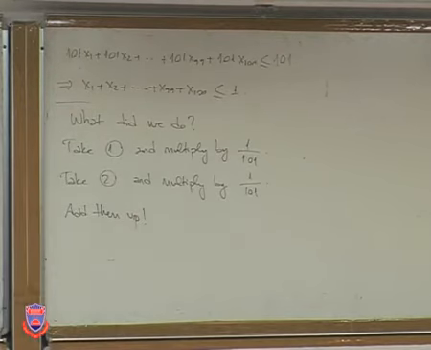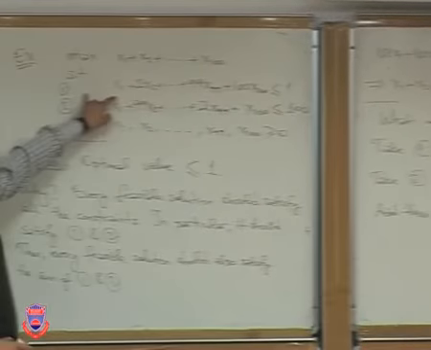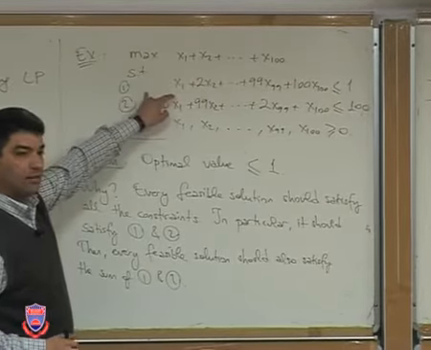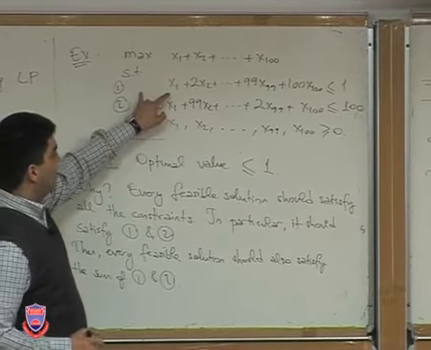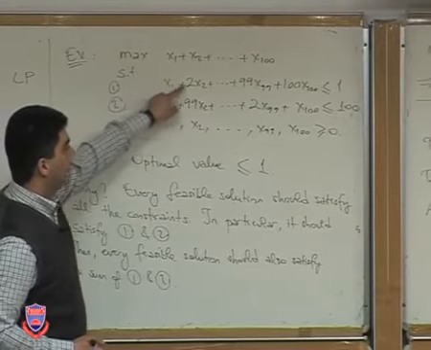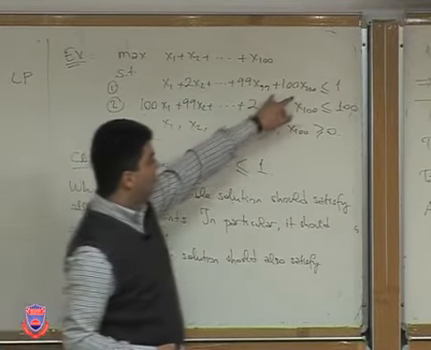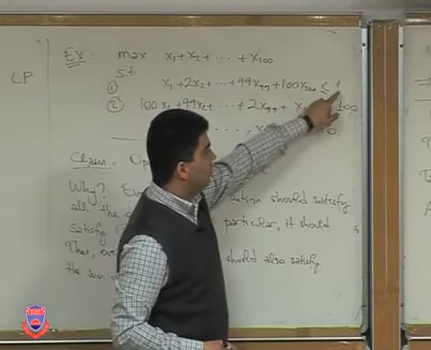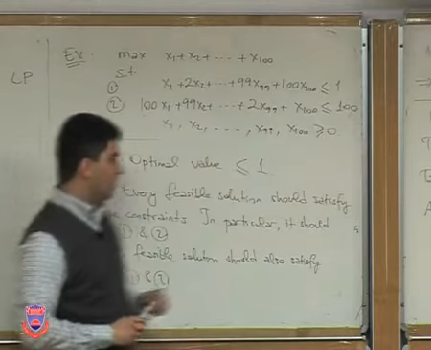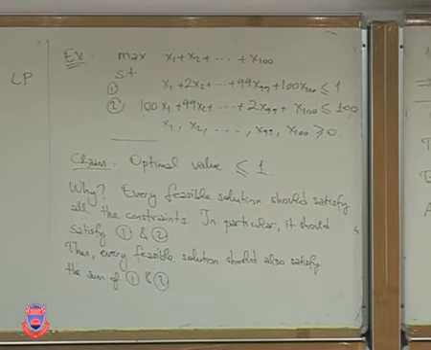Well, let's see what happens if we follow these steps. I'm taking the first inequality and multiplying it by 1 over 101. So the coefficients become 1 over 101, 2 over 101, 3 over 101, and so forth, all the way up to 100 over 101, less than or equal to 1 over 101, right? That's exactly what happens if you multiply the first constraint by 1 over 101.